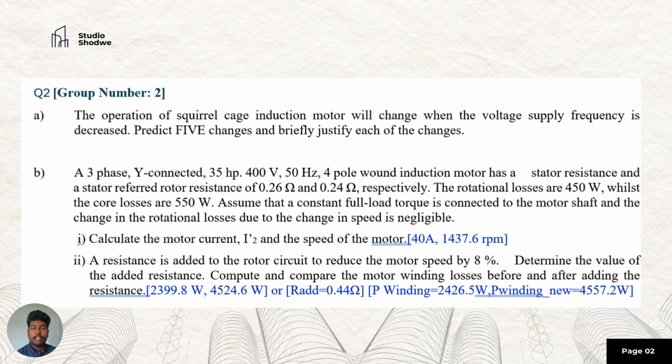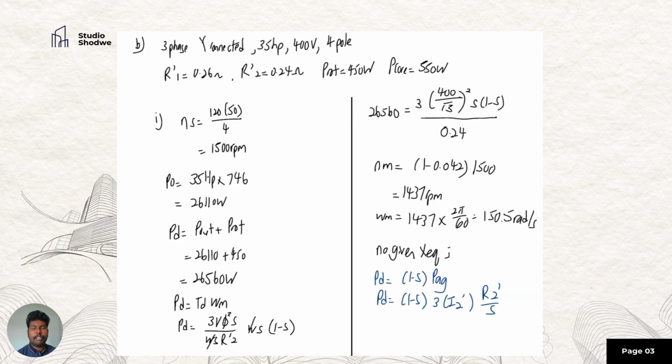So first we have to calculate the motor current and the speed of the motor. First of all we calculate the synchronous speed, which is 1500 rpm. Then we calculate the P out, we convert the 35 horsepower into watts. So we get 26,110 watts.